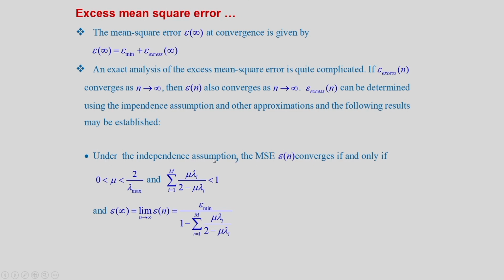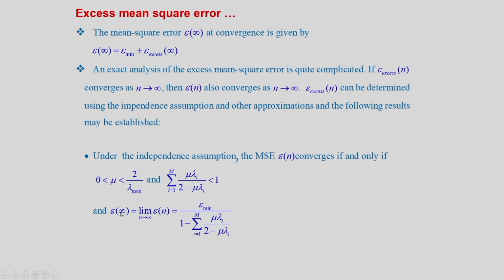Under the independence assumption, the MSE epsilon n converges if and only if mu lies between 0 and 2 by lambda max, and summation of, this is the additional condition, summation mu lambda i divided by 2 minus mu lambda i going from 1 to m is less than 1. Not only this condition is to be satisfied, this condition also is to be satisfied.